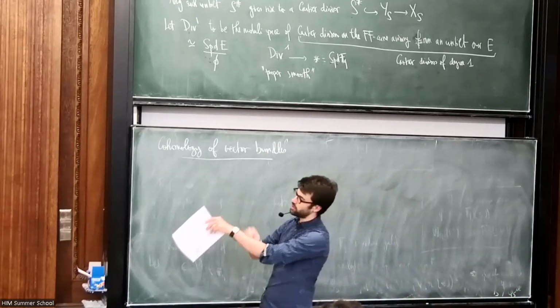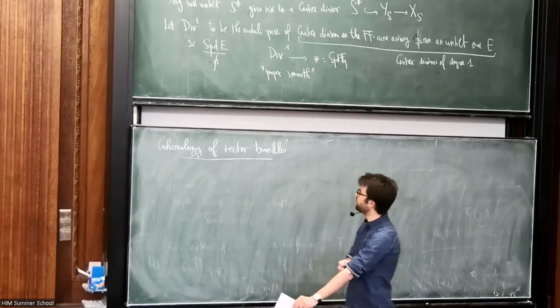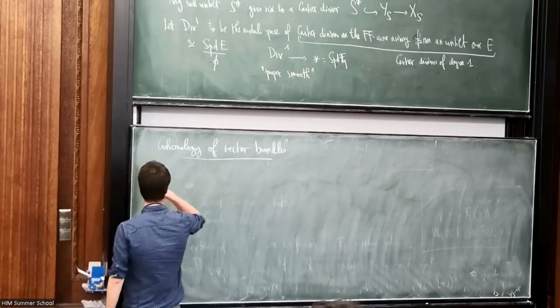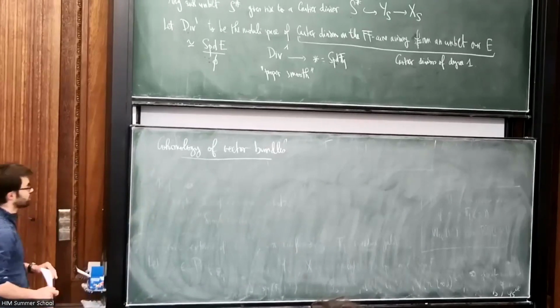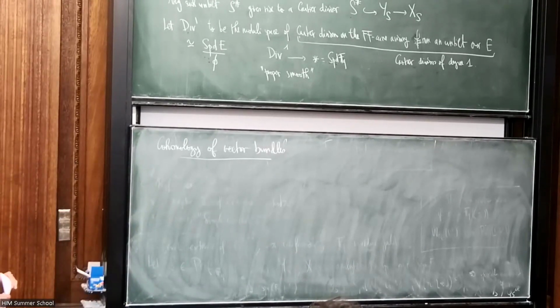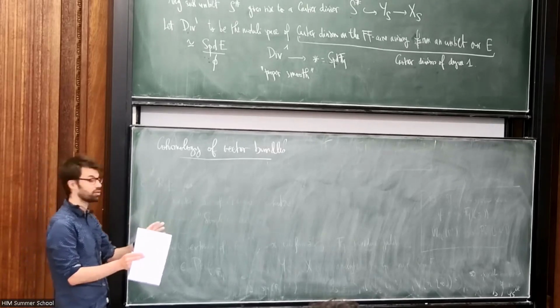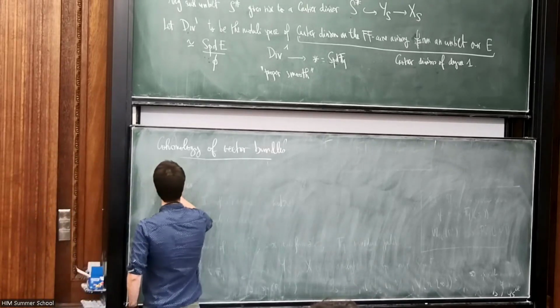So before discussing these specific examples, let me start with a general remark: if we look at cohomology of vector bundles on the Fargues-Fontaine curve, at least when S is affinoid perfectoid over F_q, we only get something in degrees 0 and 1.